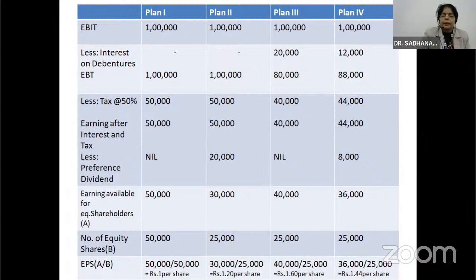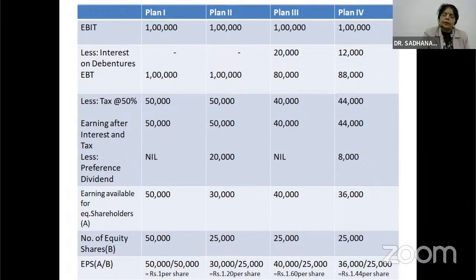In plan 1, the slide shows that EBIT in all the 4 plans is 1 lakh rupees. In all 4 plans EBIT is the same. In plan 1 we are not using debentures, so we are not deducting interest on debentures.